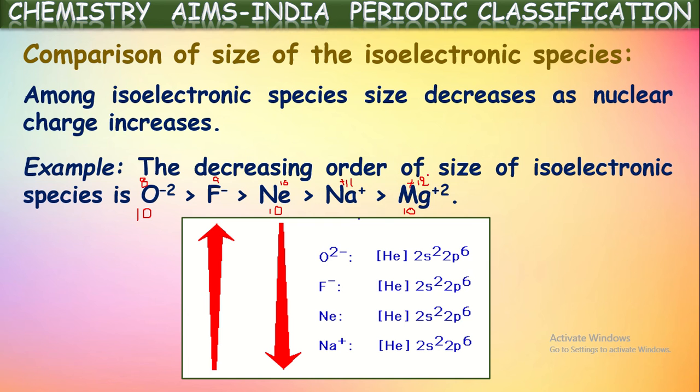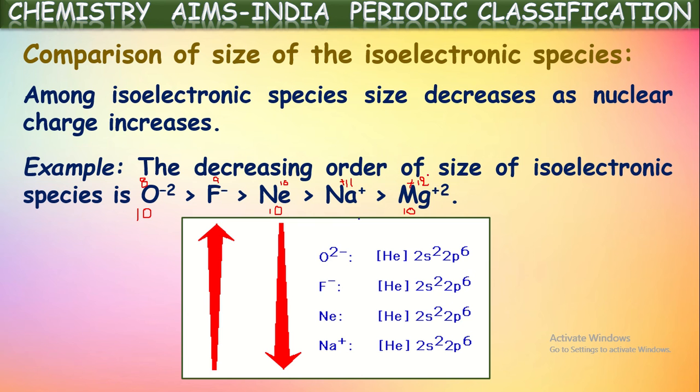So simply we can say this: as the nuclear charge increases, size decreases among the isoelectronic species. That is why among these all, Mg plus 2 has the smallest size, whereas O minus 2 has only 8 units positive charge, but the number of electrons is greater, that is 10 electrons.